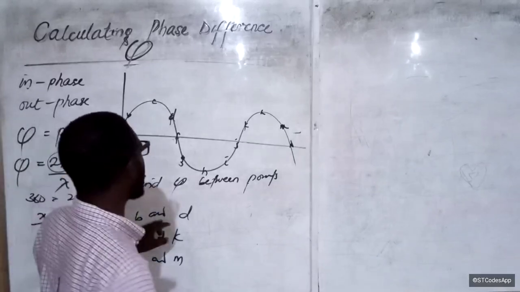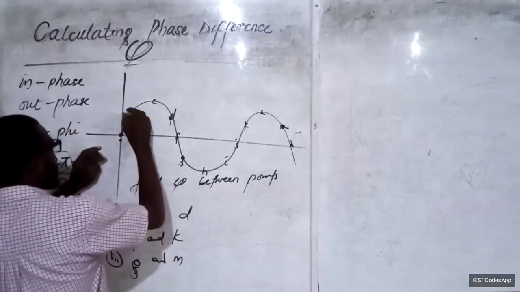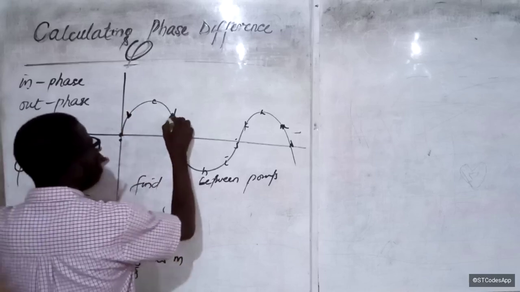The first one says B and D. So where is B? B is here. And where is D? D is here.